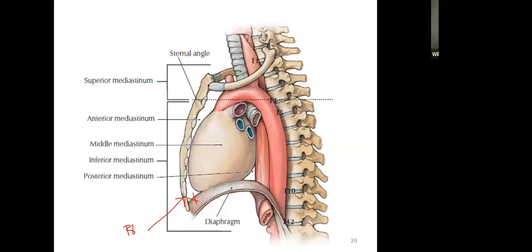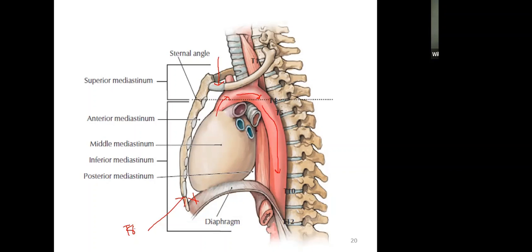So here we can see the first rib. We can see the scalenus muscles. We can see the trachea. Now here we have, of course, the heart. And here we have the ascending part of the aorta. We have the arch of the aorta. And then we have the descending thoracic aorta.